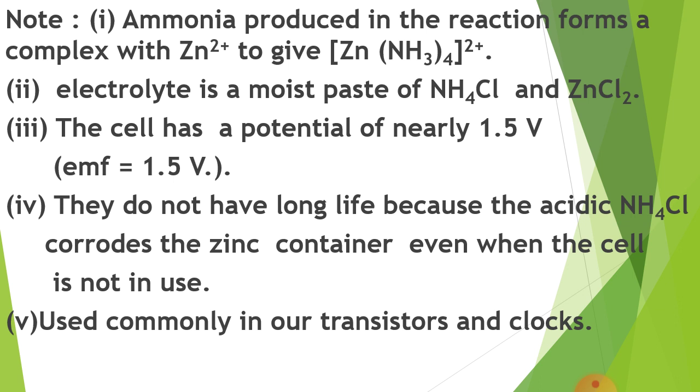And voltage also varies because here the electrolyte reacts with the anode. Fifth point, used commonly in our transistors and clocks. Sometimes a question asks where dry cells are used. So the answer is transistors and clocks. Also in torches this type of cell is used.